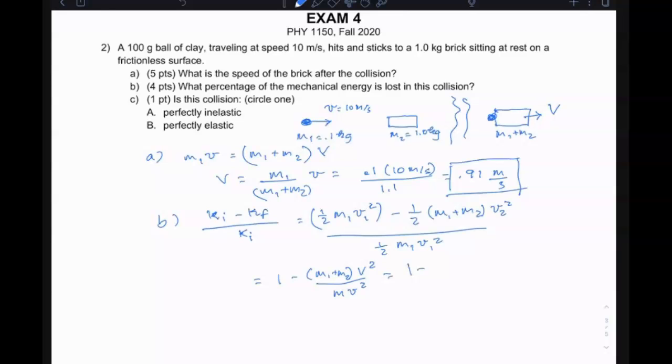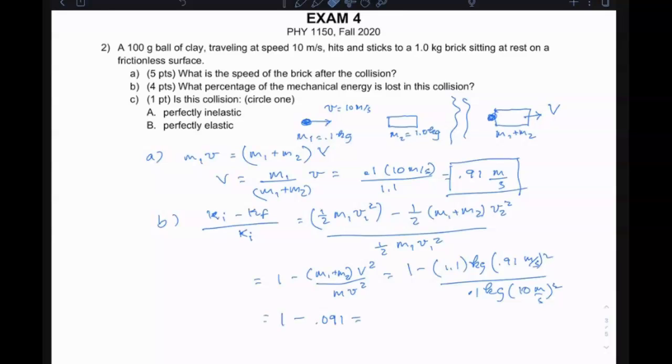This is 1 minus (1.1 kilograms) times final velocity squared, which is 0.91, over the initial mass, which was 0.1 kilograms, times the initial velocity, 10 meters per second, squared.